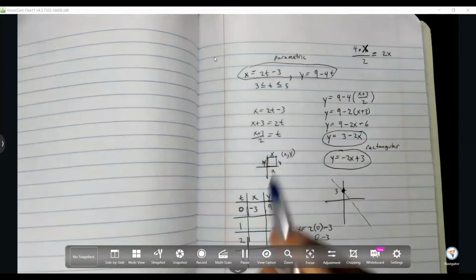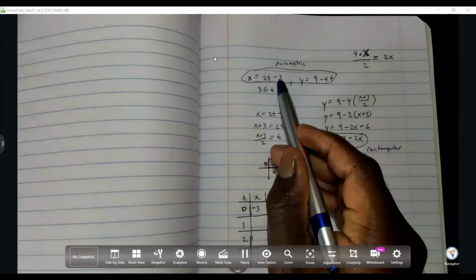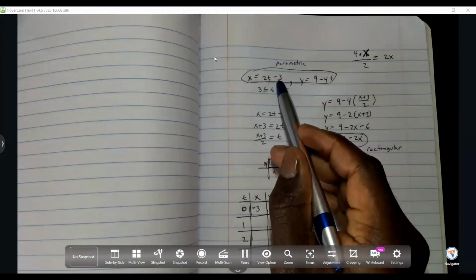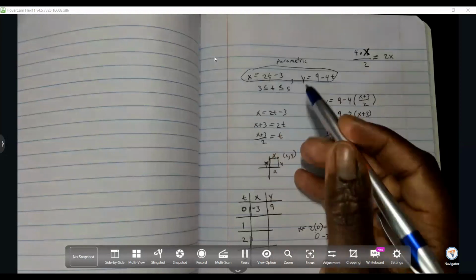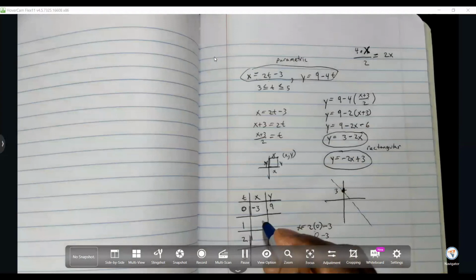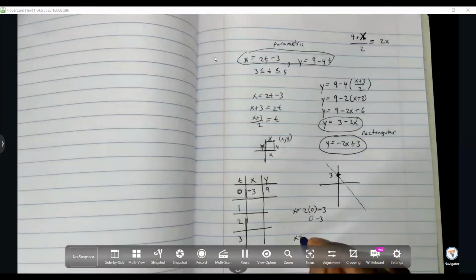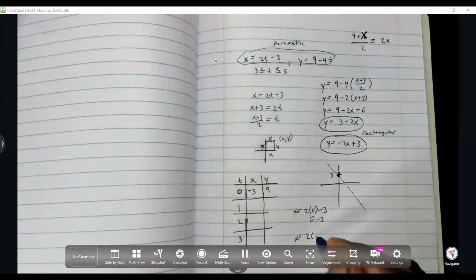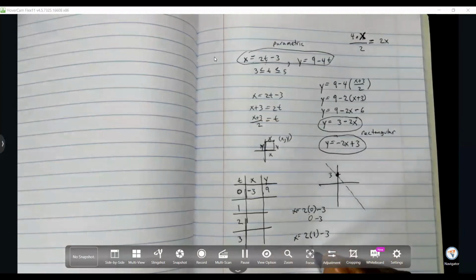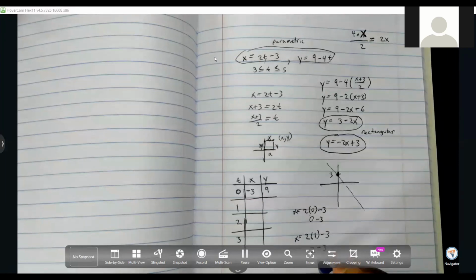Then if I plug in 1 here, 2 times 1 is 2, and then subtract 3, that's -1, right? Let me write it out. If we substitute 1, that's going to be 2 minus 3, which is -1.